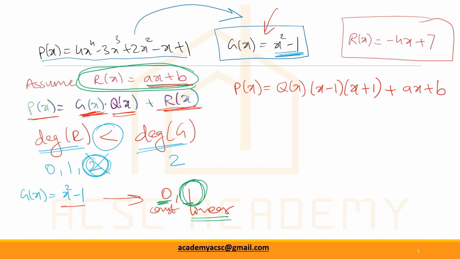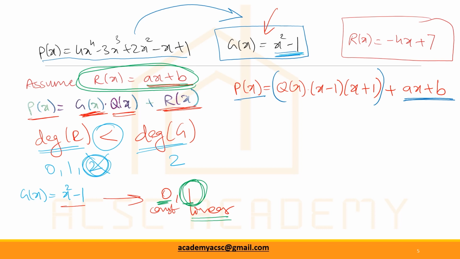Now our goal is to eliminate this entire term because we do not know what q of x is. We know p of x, it is already given, and we know the remainder in terms of a and b, but we do not know anything about this quotient term.